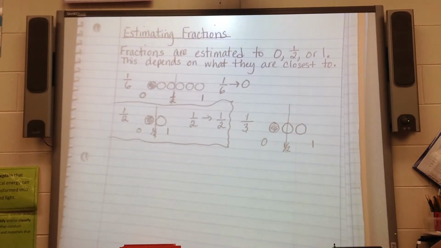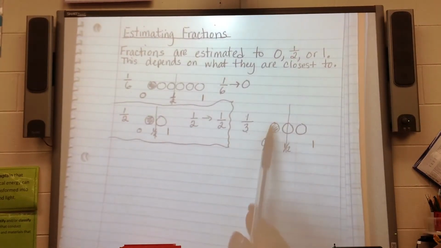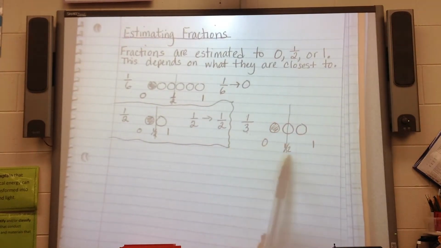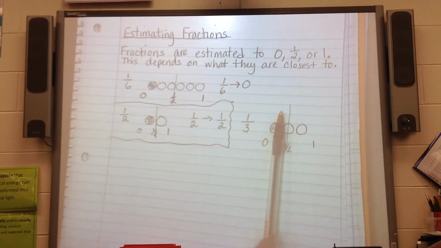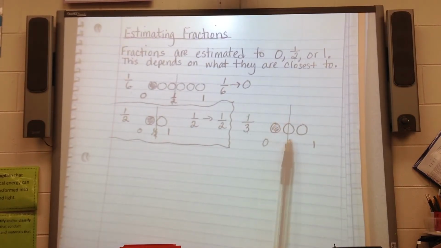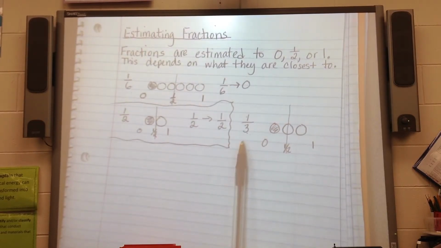Well, if I have 1 out of 3, then I would only color in the first circle. And the question is, what is it closest to? Is this part closer to the 0, or is it closer to the half? It's kind of almost closest to the half, isn't it? Kind of seems like it's closer over that way. If I look here, it's closer to that line than it is to the 0.